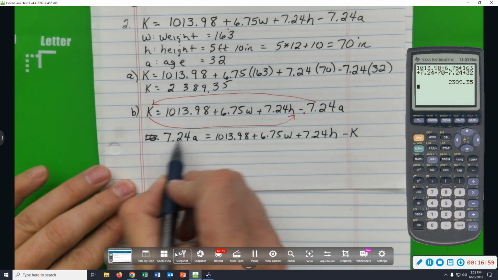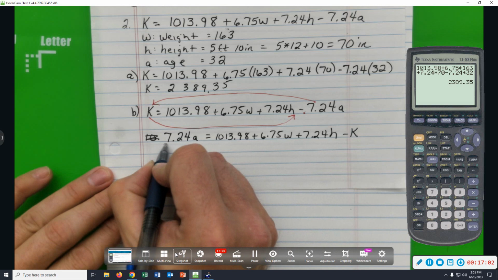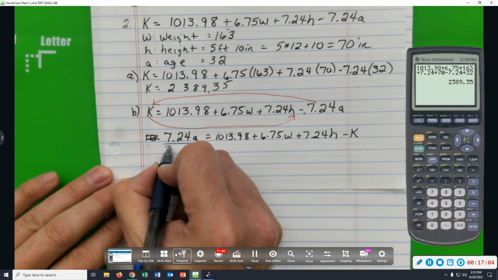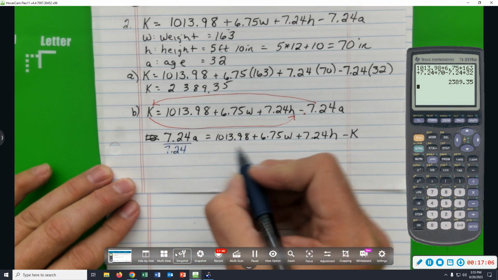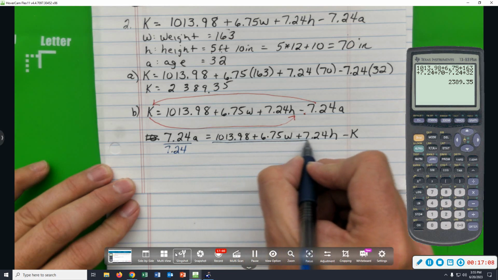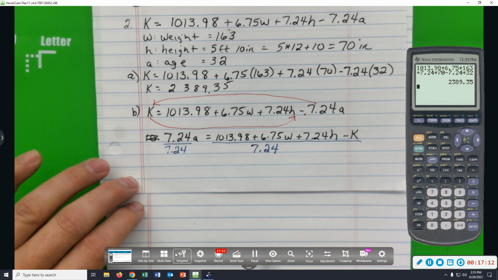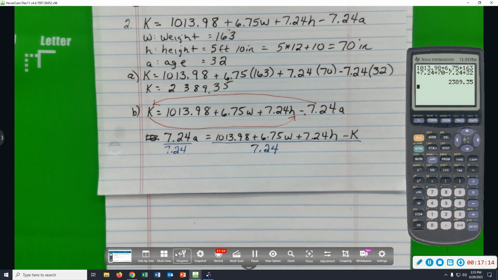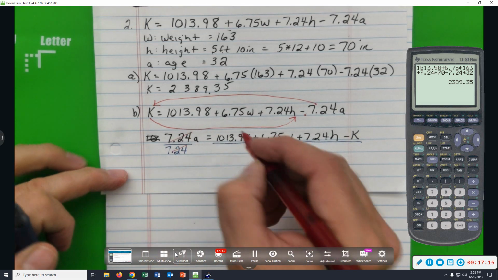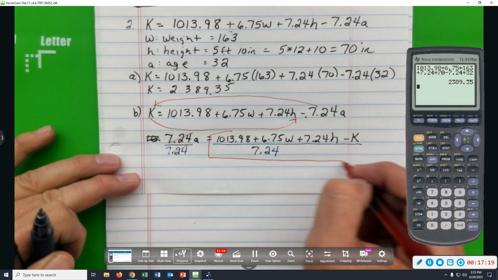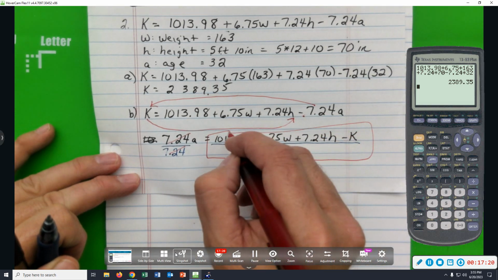Well, the opposite of multiplying by 7.24 is to divide. So divide both sides by 7.24. Okay? So we'll type all of this in as our answer.